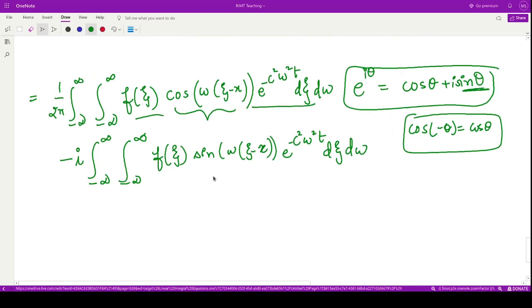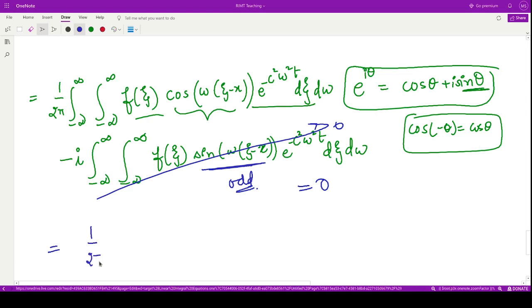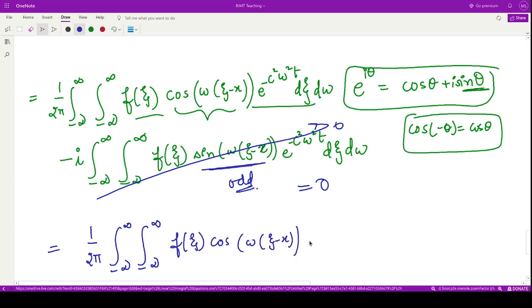Now all of you know that sine is an odd function. Accordingly, this integral becomes equal to 0. So the whole of this integral becomes 0, and we are left with this first integral only. That is equal to 1 by 2 pi integration from minus infinity to infinity, integration from minus infinity to infinity, f of zeta cos of omega (zeta minus x) e to the power minus c squared omega squared t d zeta d omega.